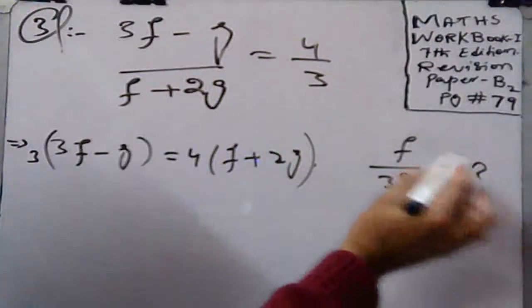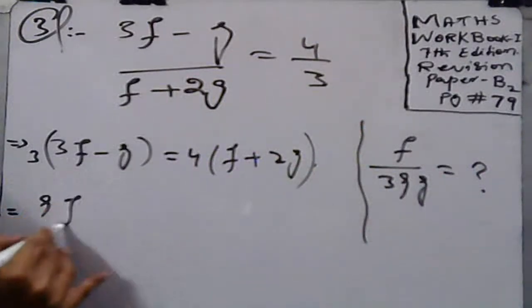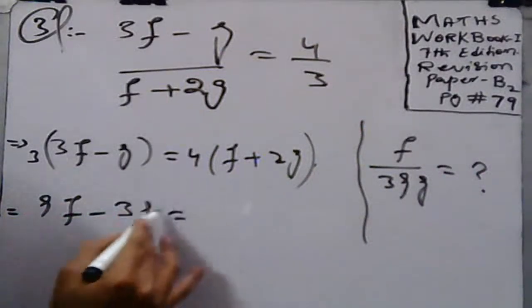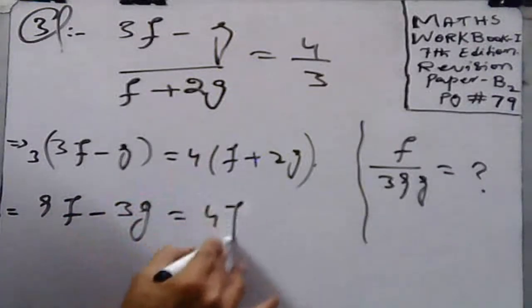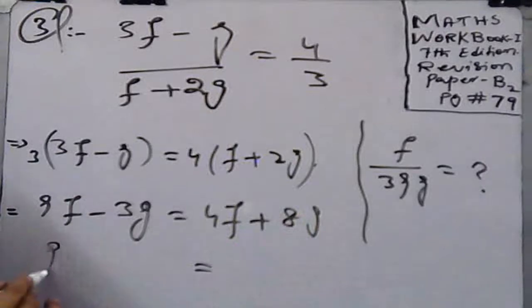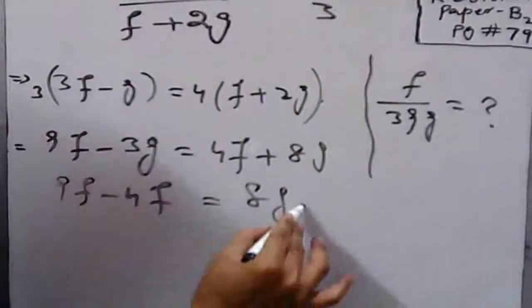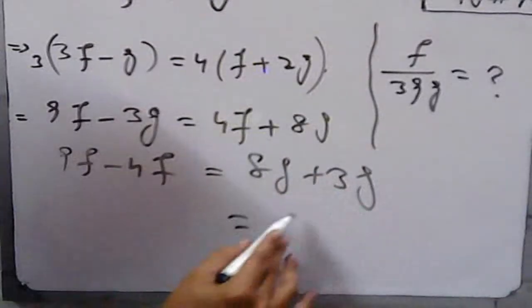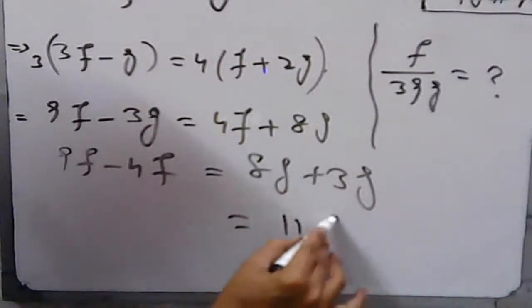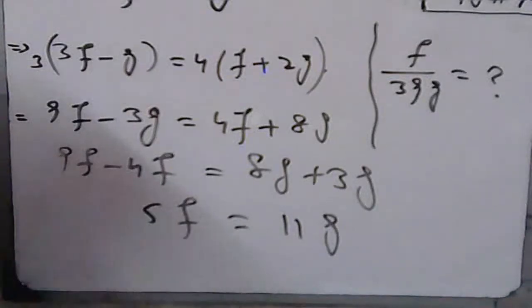Now 3 threes are 9f, minus 3g, similarly 4f plus 8g. Homogeneous terms should be shifted to one side, so 8g plus 3g you will get 11g, and that is your 5f.